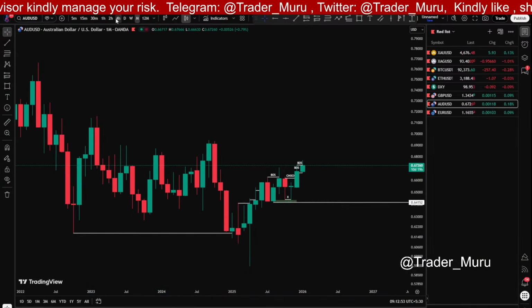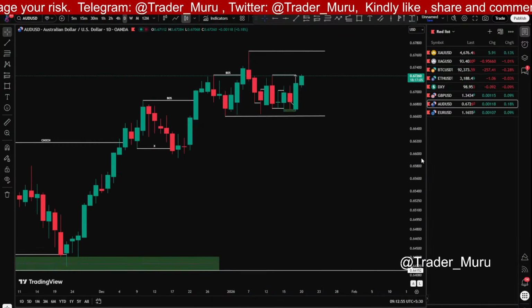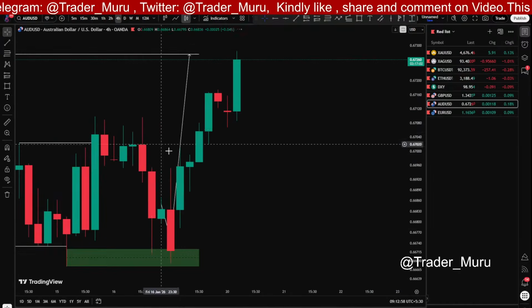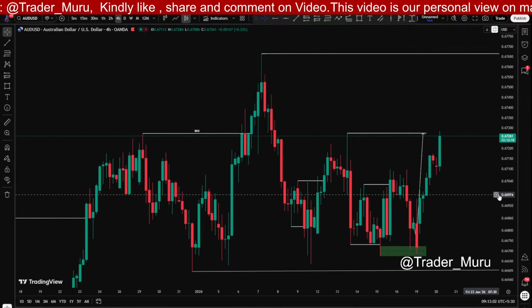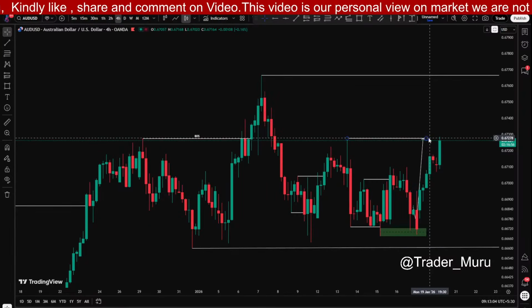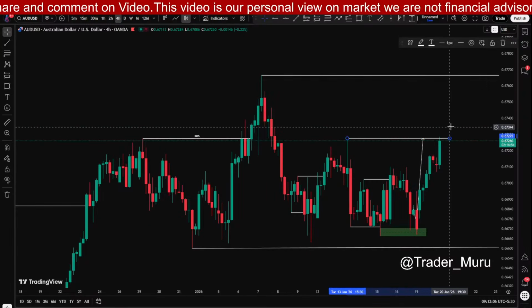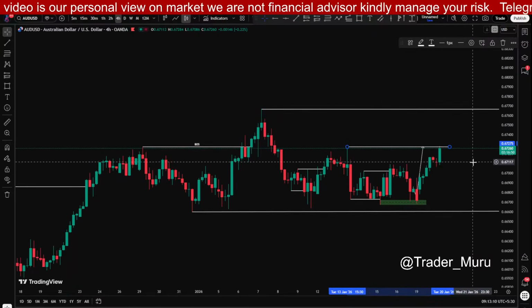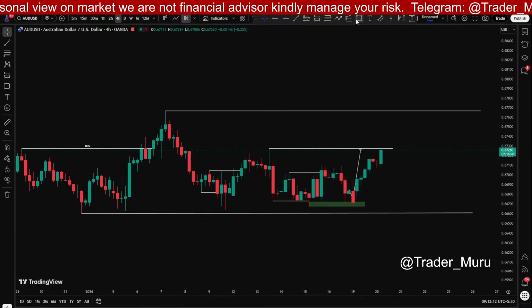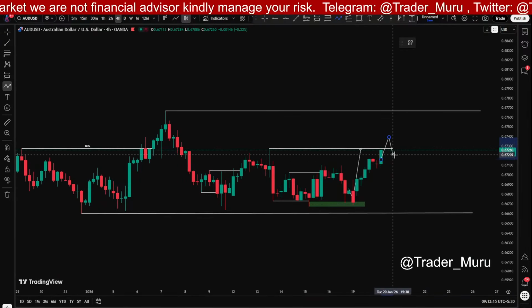AUD is bullish, and as we expected in our previous slide, price just did the same thing. It tested this area and pumped towards this high. Now on the break above and retest, it will pump for this zone, like this.